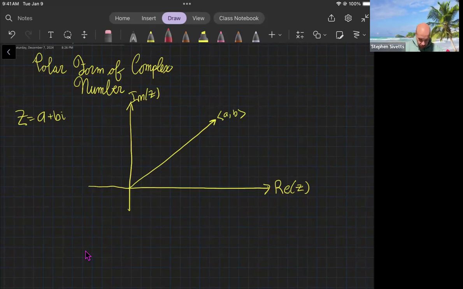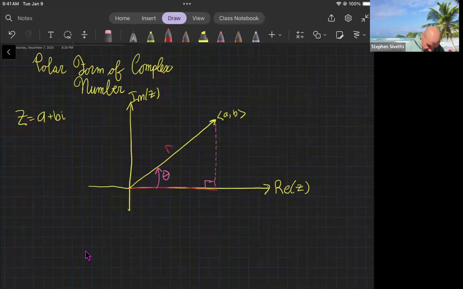To get the polar form of a complex number, we want to use right triangles. We can draw in a right triangle like this, and then to figure out the x and y components of this right triangle, we can use trigonometry. This would be the argument of the complex number, theta, and the magnitude is just r.